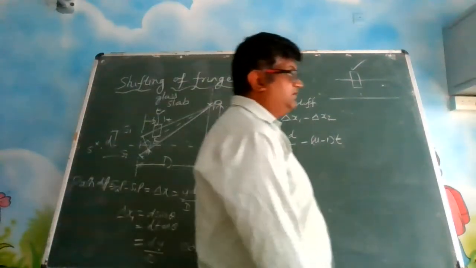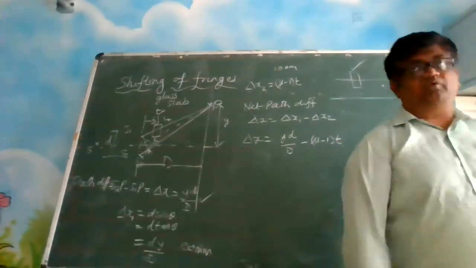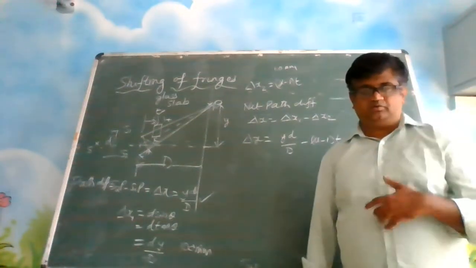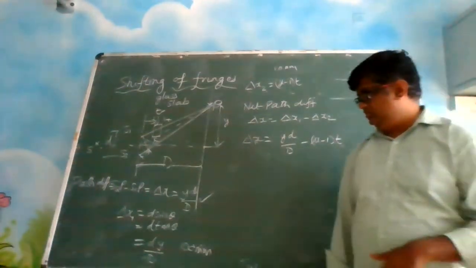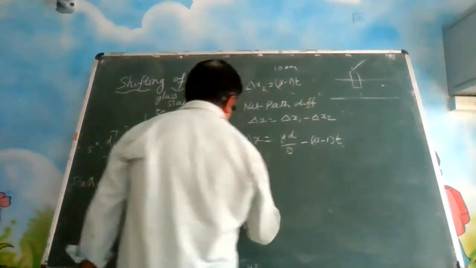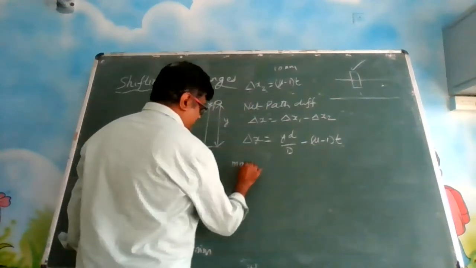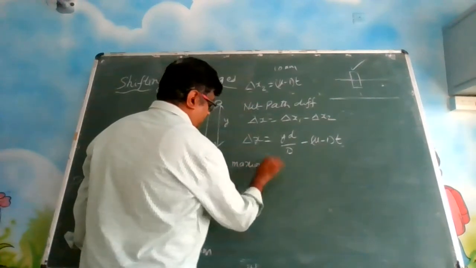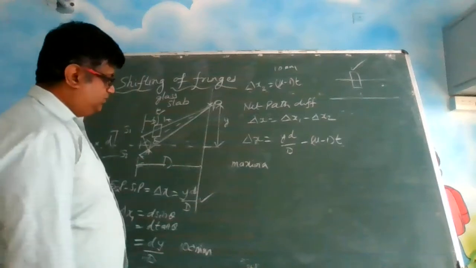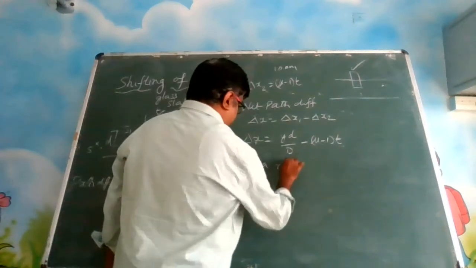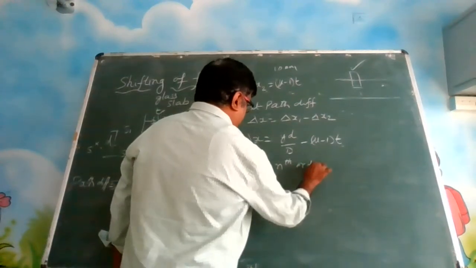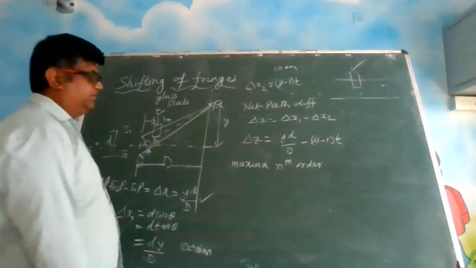Now, depending upon the path difference, if we want to know the maxima, there is a condition. If it is a minima, there is a condition. Suppose you want to find the maxima. Maxima means bright. You want to find the nth order maxima.